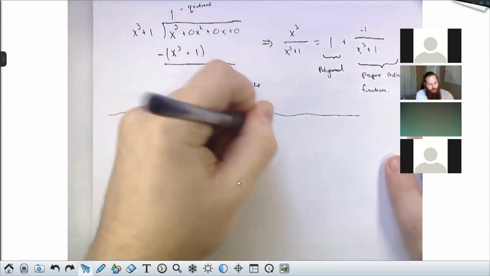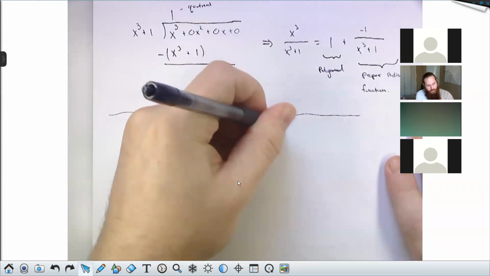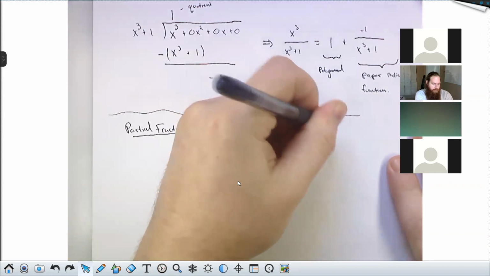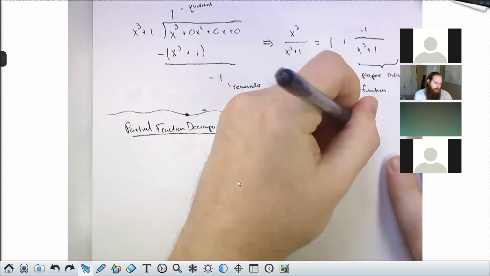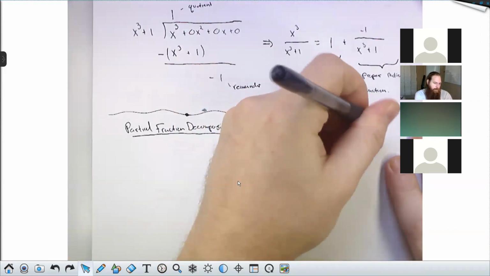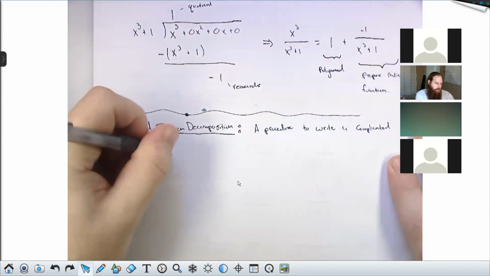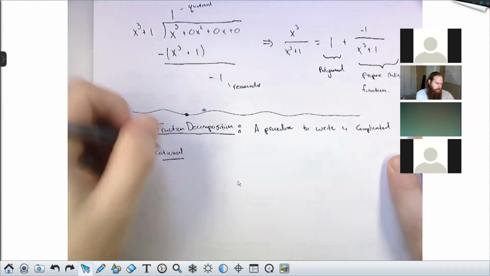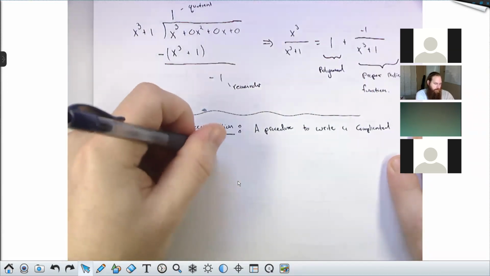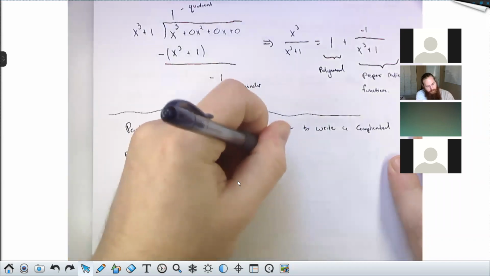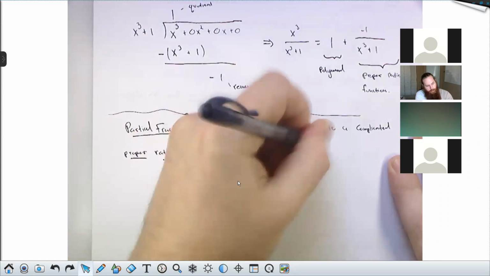So, procedure to write a complicated proper rational function as a sum of simpler ones.